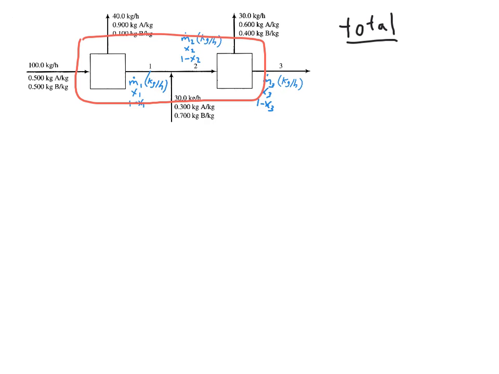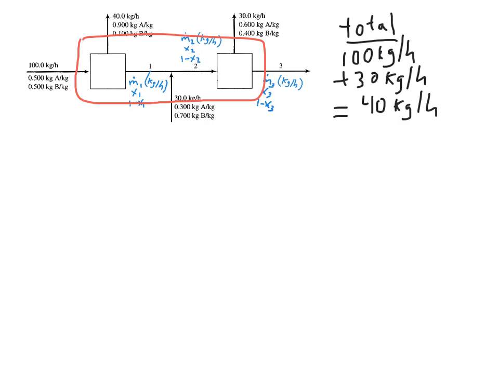In that case, what's going in versus what's going out. So I have 100 kilograms per hour plus 30 kilograms per hour equals 40 kilograms per hour plus 30 kilograms per hour plus M3.